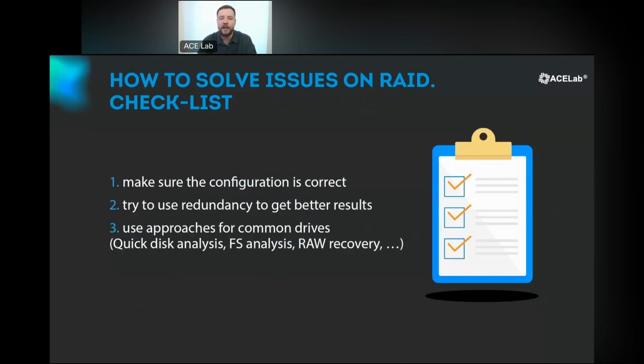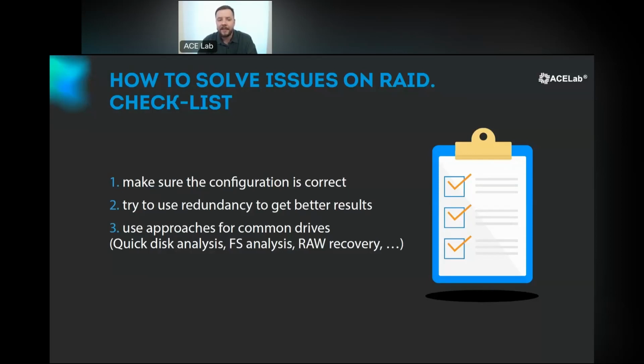And what are the steps? At first, you have to show that the configuration is good. Why? Because if the configuration is wrong, you will have a damaged file system, you will have damaged data in any case. Even if everything else is okay, wrong configuration means wrong data.